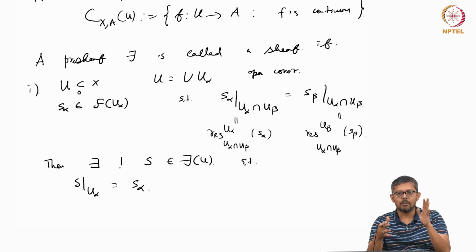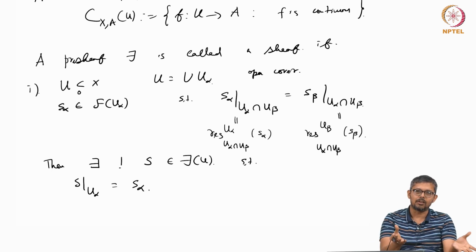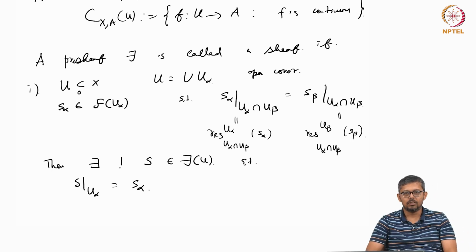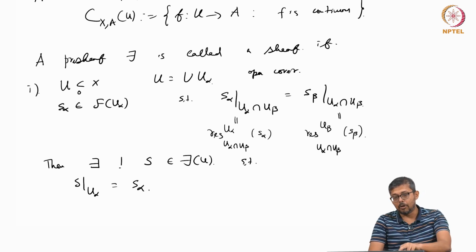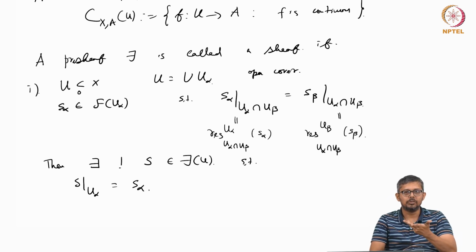If you have an open cover of a set, and on each piece you have some continuous function, and when you take each intersection they coincide, then you can patch them and make a function on the whole. So this is all a patching condition. But the point is, it should be unique. There should not be another function which satisfies this.